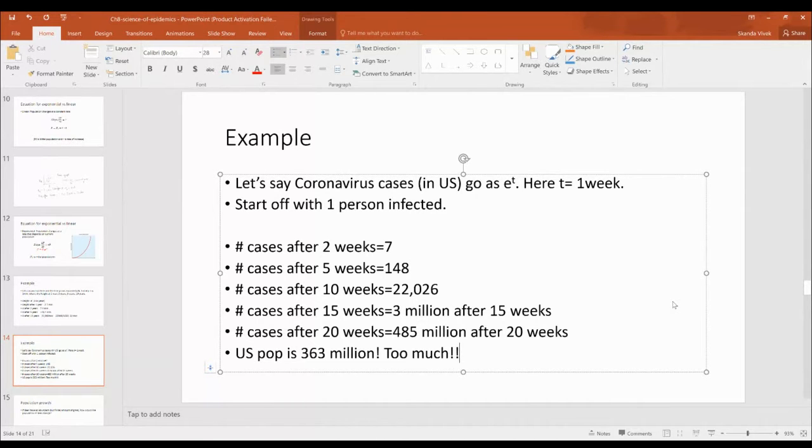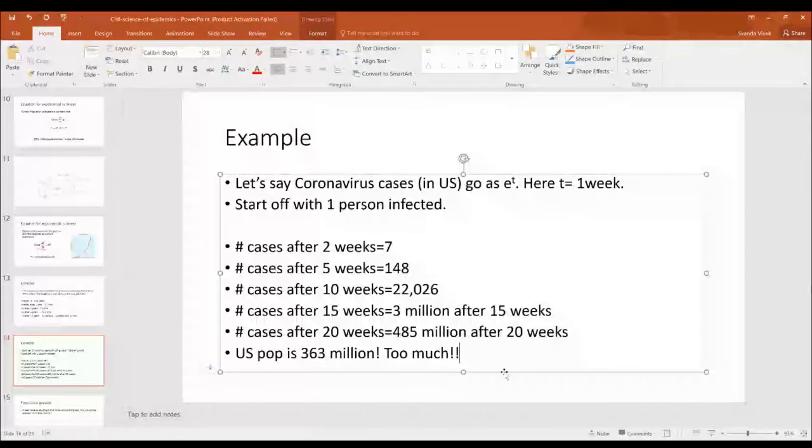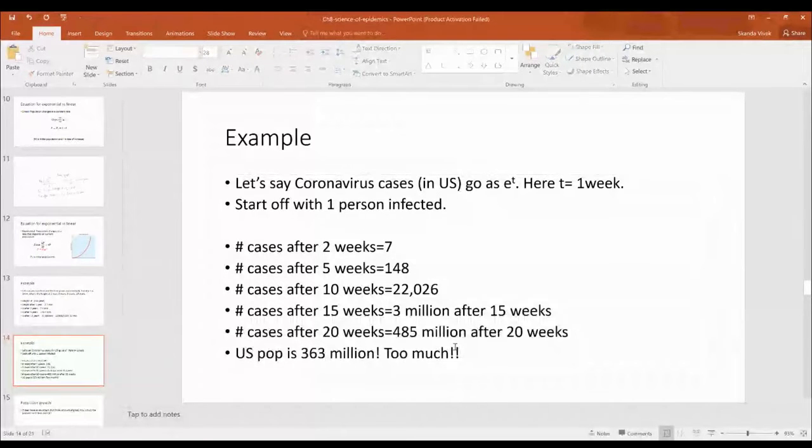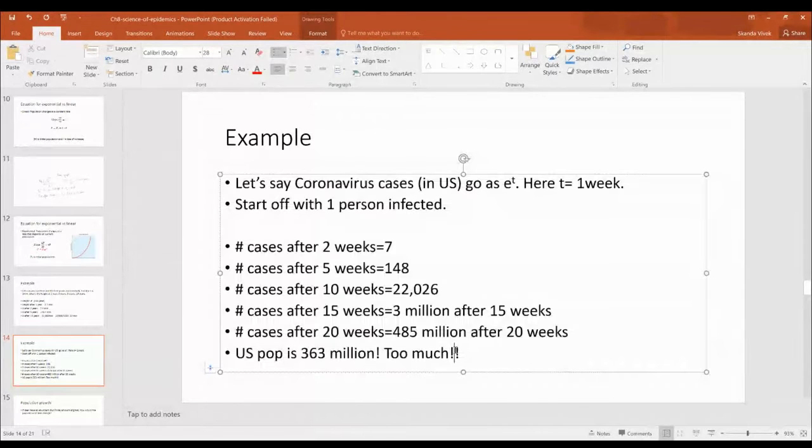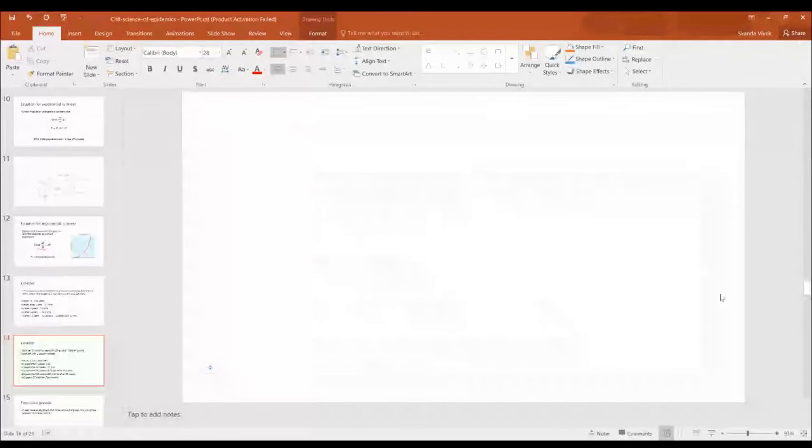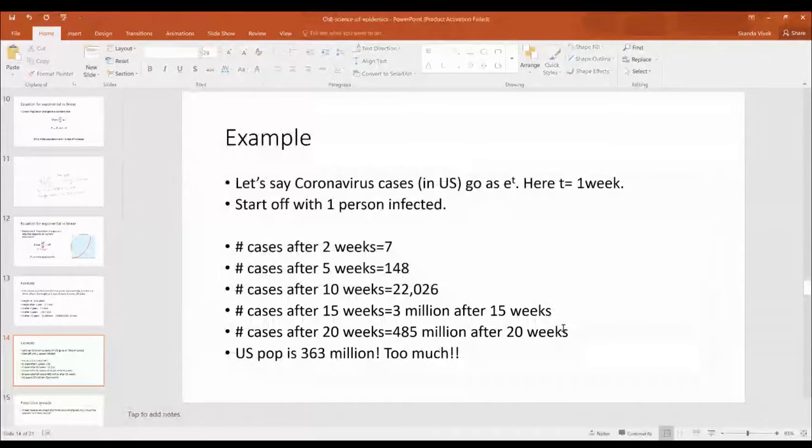Even if every person was affected, which is definitely not going to happen. So something changes, and that's what we will talk about a little bit in the next class. This is not going to happen. It's going to slow down.